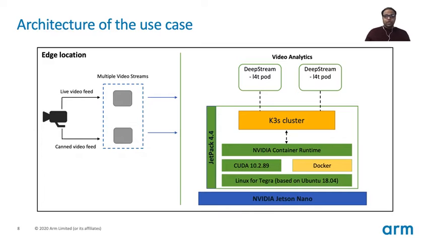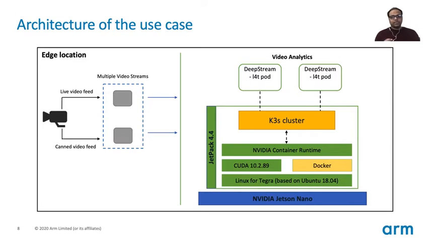Okay, so now let's talk about the architecture of the use case. Here you see an edge location with a camera that's providing multiple video streams. It's a USB camera connected directly to the Jetson Nano. Now you see two different video feeds.